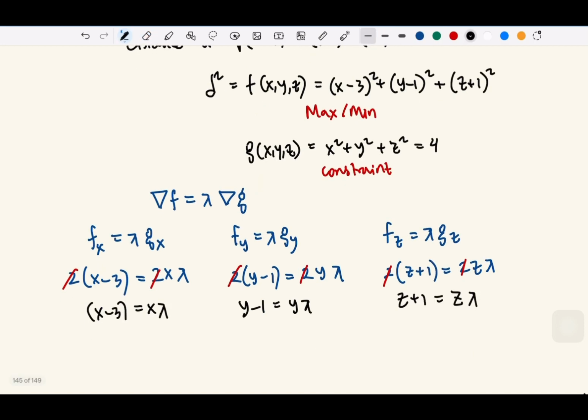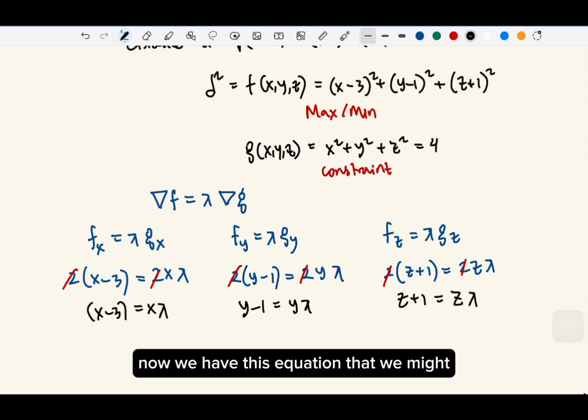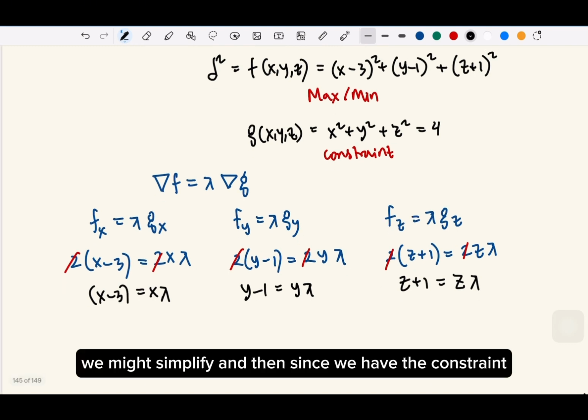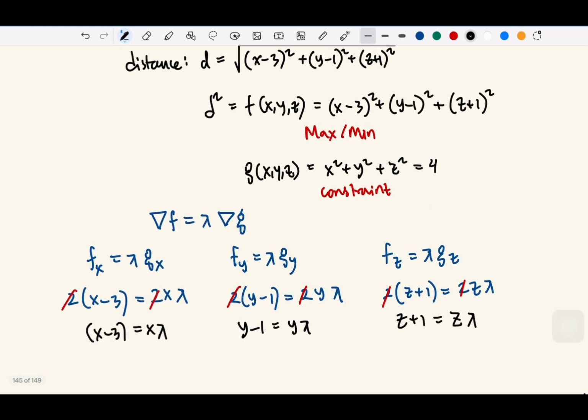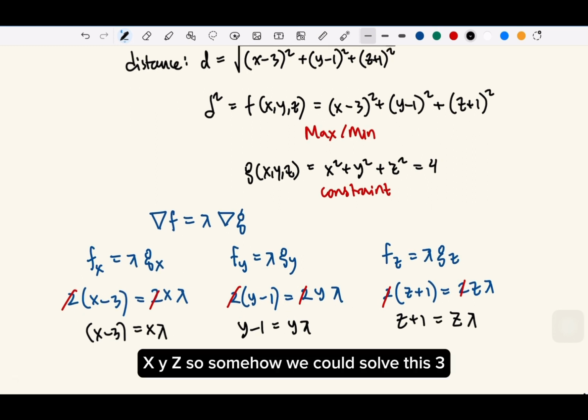Okay. Now we have this equation that we might simplify, and then since we have the constraint in x, y, z, somehow we could solve these three in terms of each x, y, z, right?